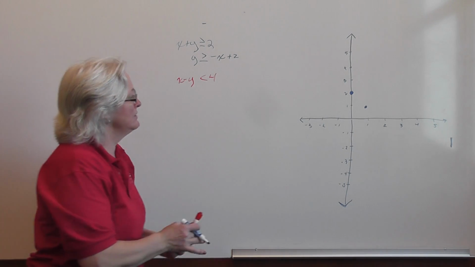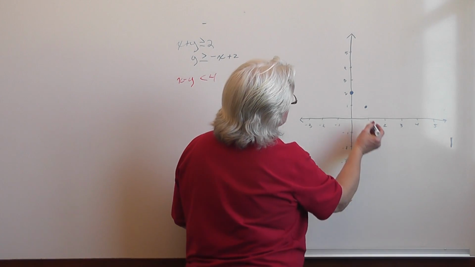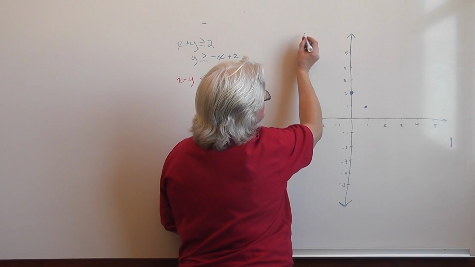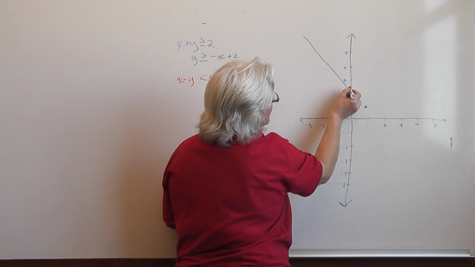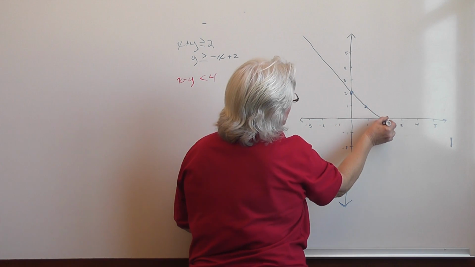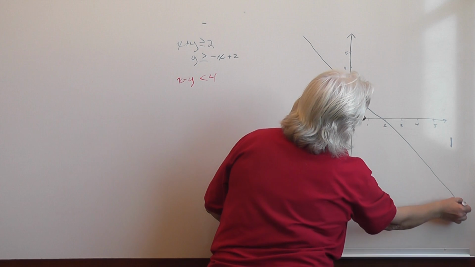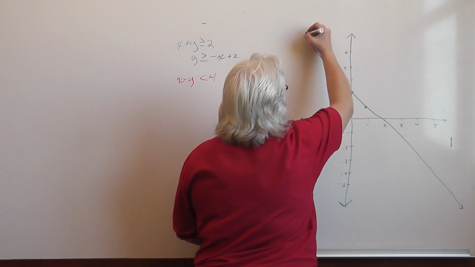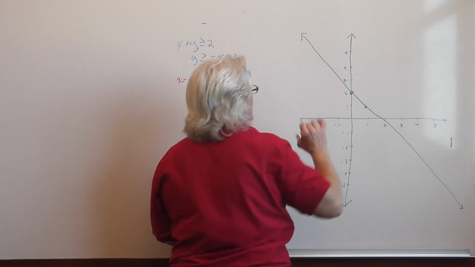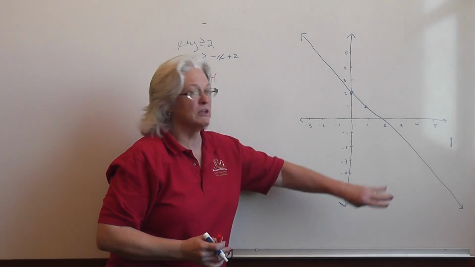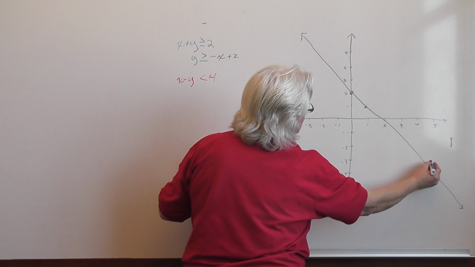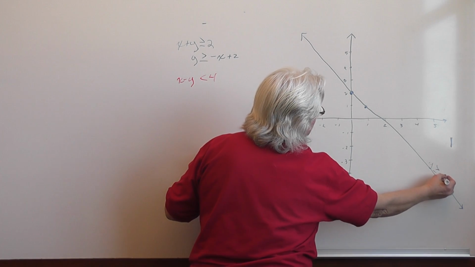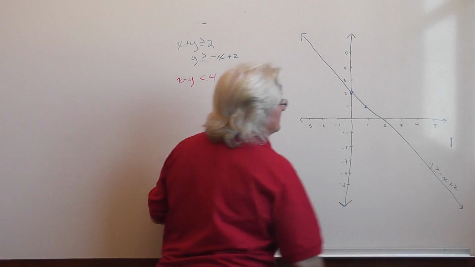So the graph of the line itself is a part of the solution. So I'm just going to eyeball it and y'all can just laugh. You, however, are not allowed to just eyeball it. Use your graph paper or grid paper and a straight edge. This is the graph of the inequality y greater than or equal to negative x plus 2.